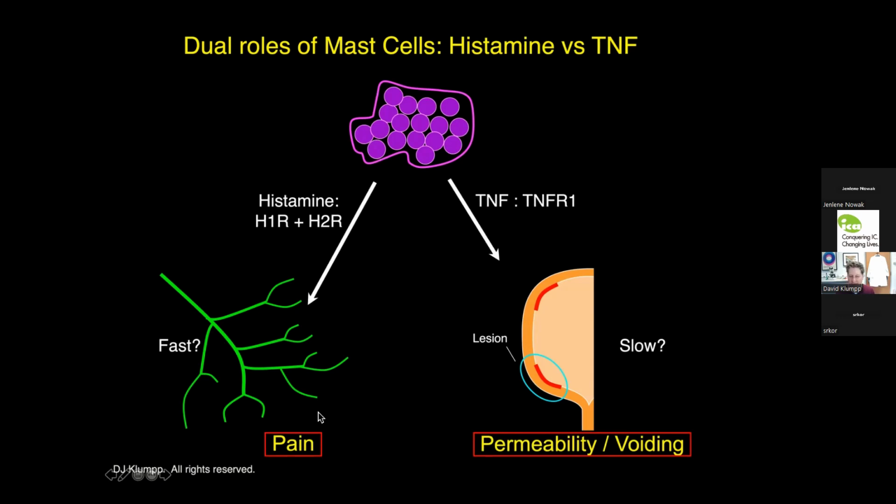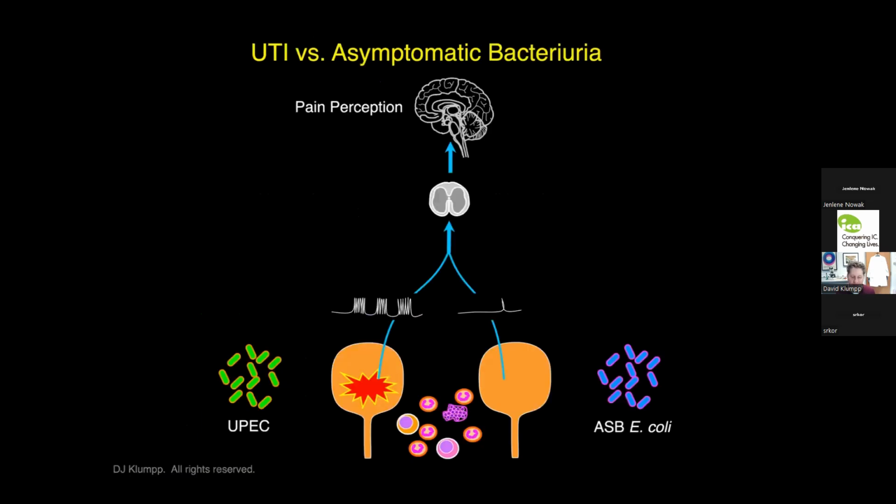And indeed, that was the case, that it was mast cell histamine, and there are 4 different histamine receptors, and we identified 2 of them as being important in our system, histamine receptor 1 and then H2R. And in fact, H2R probably playing a more important role in our system. Okay, so it shows that mast cells can do a couple different things in bladder pathology and pain, and that these are separable events. Well, that kind of sets the stage for our work in bacteria and how they can contribute to pain.